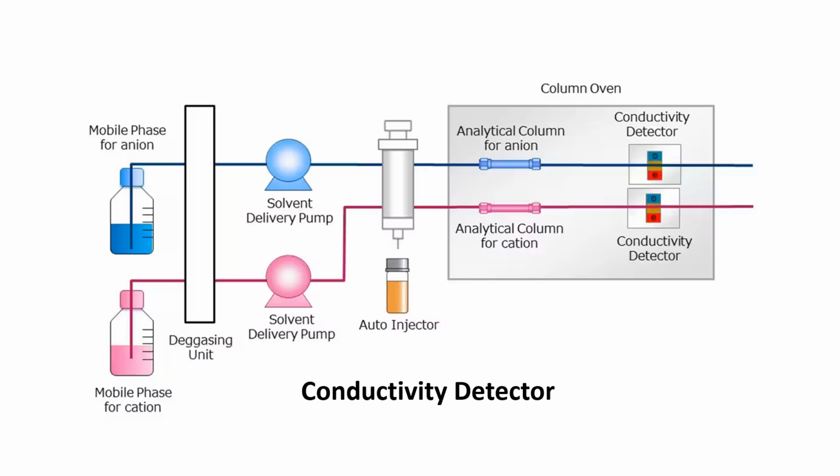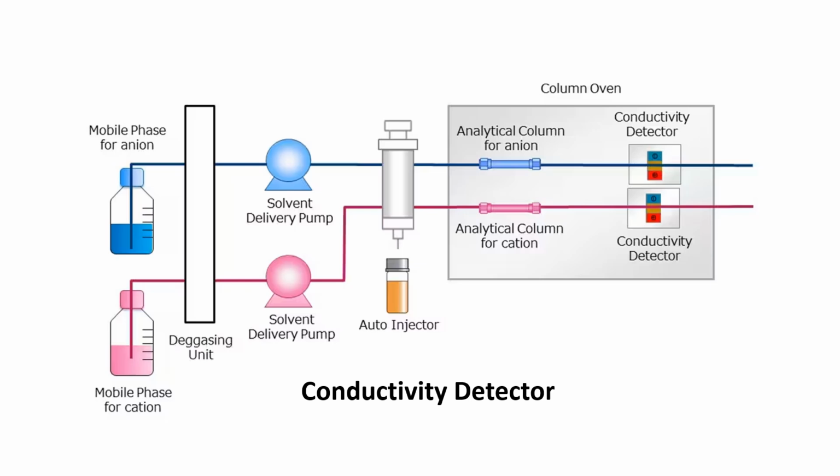A conductivity detector is employed in ion chromatography, which is a system dedicated to measuring the ions present in the sample. This detector is used mainly to measure inorganic ions and small organic substances including organic acids and amines.